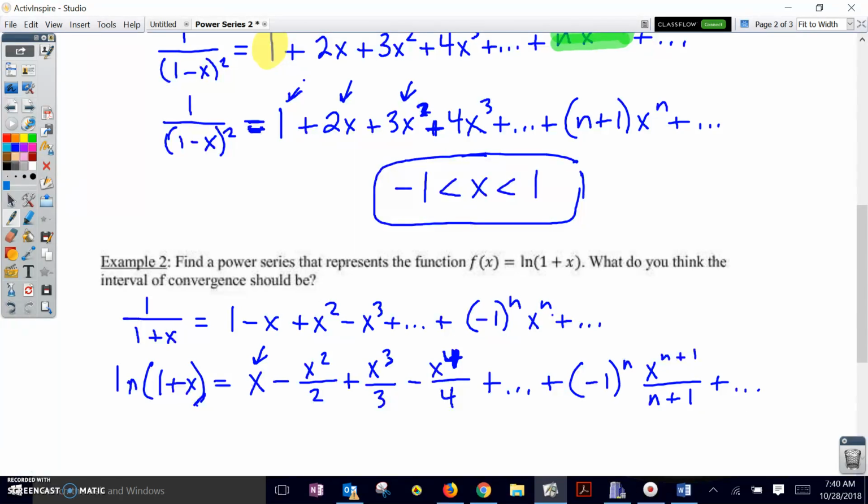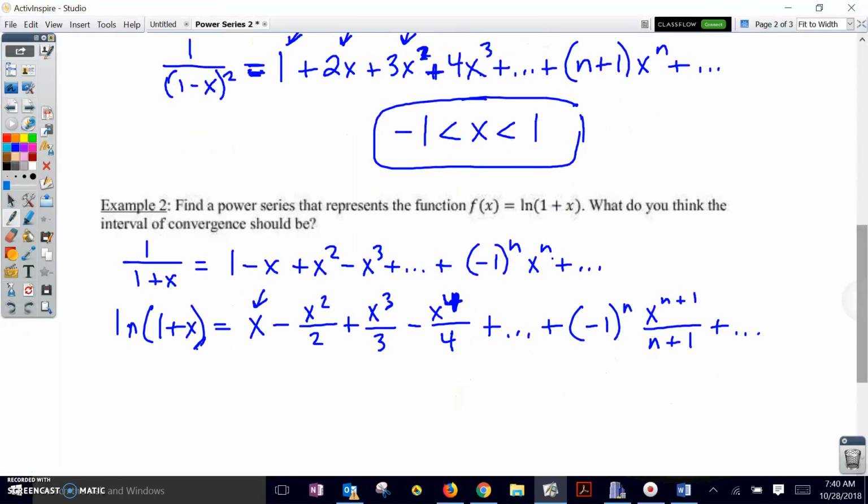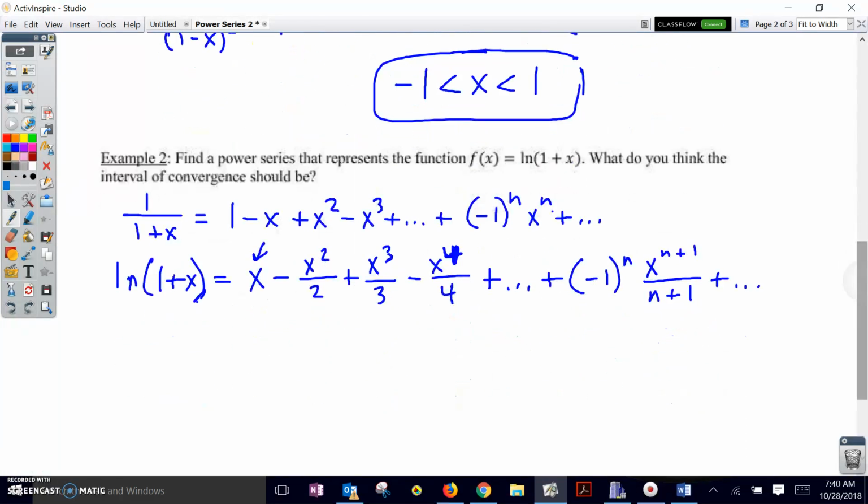Now, as far as the interval of convergence goes, the interval of convergence for the original was from -1 to 1, excluding the endpoints. Now, let's think about whether these endpoints are going to be included or excluded here.